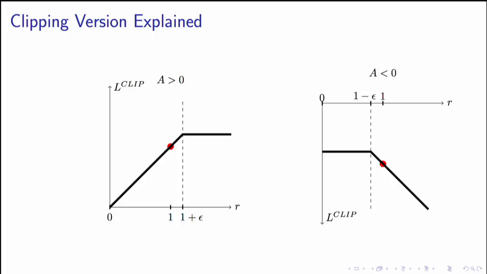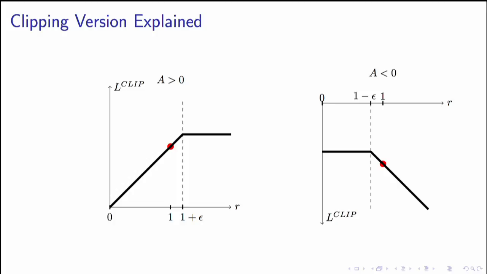So we take away the incentive to drive this positive advantage action to have a higher probability ratio than 1 plus epsilon. Now, let's say you had an action with negative advantage. At the starting point, this objective term is nice and linear. But if you were to decrease the action probability to less than 1 minus epsilon, it gets cut off, meaning we remove the incentive to lower the probability of this action below 1 minus epsilon.